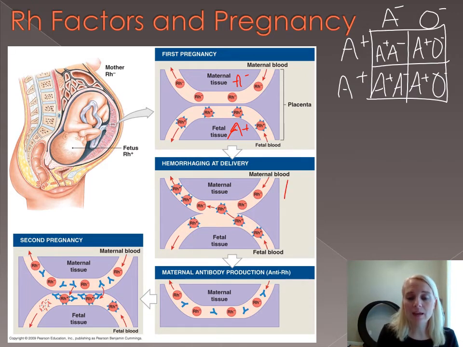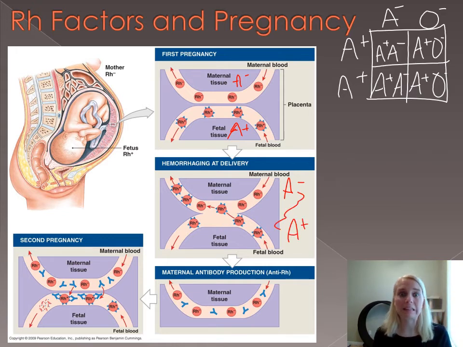So now the A negative blood has A positive blood kind of coming up and mingling in it. So now mom has been exposed to this positive blood type. It does not change her blood type. She is still A negative. Okay? She still has A antigens. She's not doing anything to her blood type, but what is happening is a change in her antibodies.